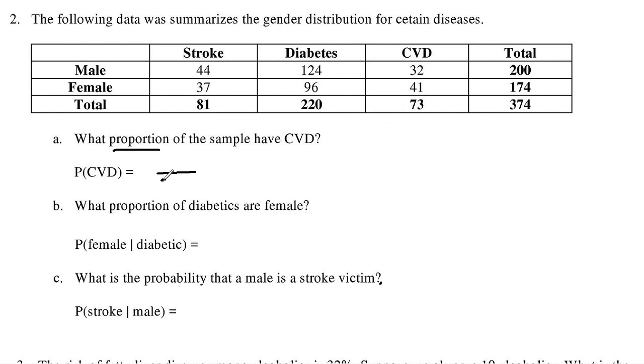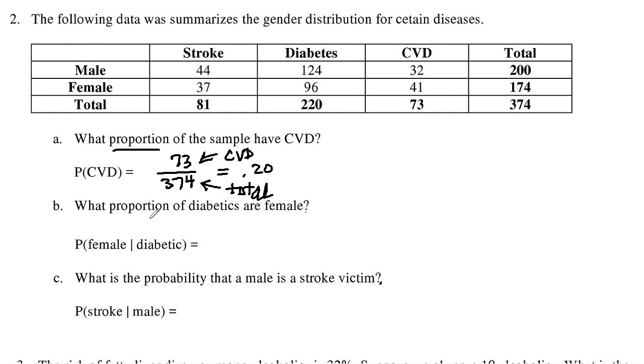So 374 is our total, and out of that total, 73 had cardiovascular disease. So this is CVD out of the total. And to 2 decimal places, that is 0.20. It's actually 0.195, but we'll round to 2 decimal places here.